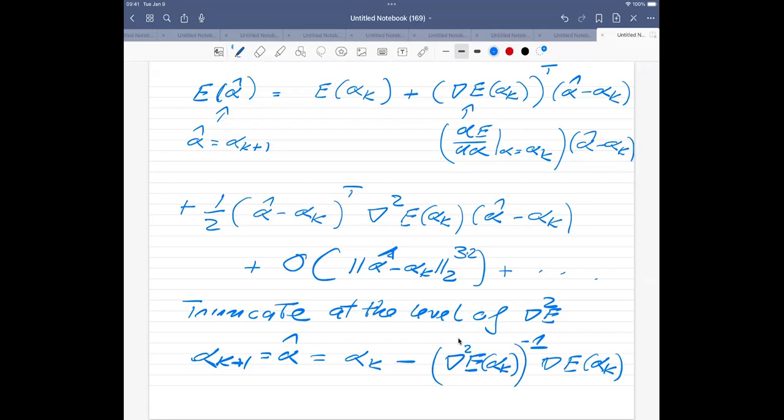So the basic recipe is that we start with a given guess, alpha 0, and then we continue to iterate till we have reached convergence. Now, this quantity, the second derivative, which we have here, is normally called in the literature the Hessian matrix.